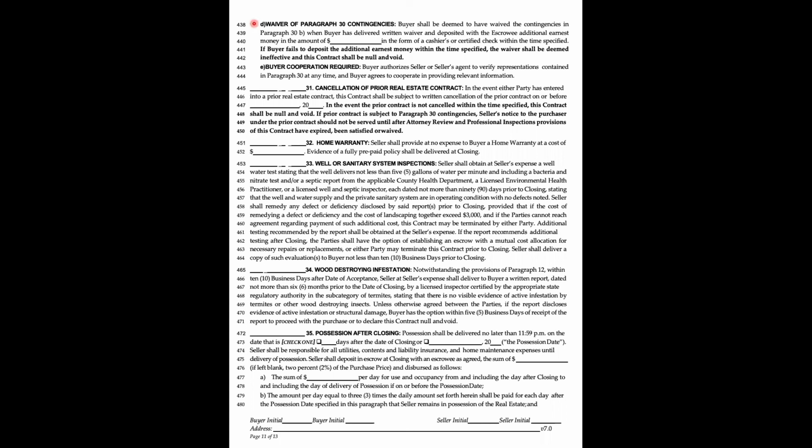The remaining few paragraphs of the contract are much more straightforward, and we're almost done. Paragraph 31, cancellation of prior real estate contract. If, for whatever reason, you're already under contract at a home when entering into a new contract with a new seller, which is a situation I strongly advise we do not put you in, then you're obligated to cancel the previous contract and notify your current seller that you have in fact canceled it.